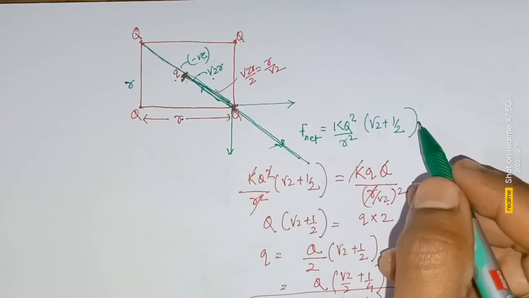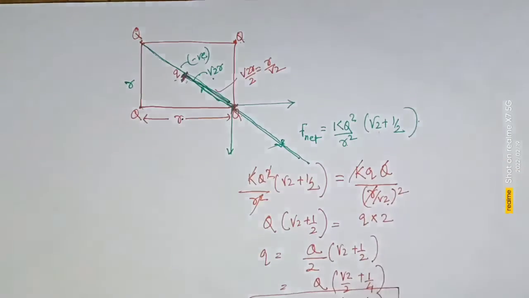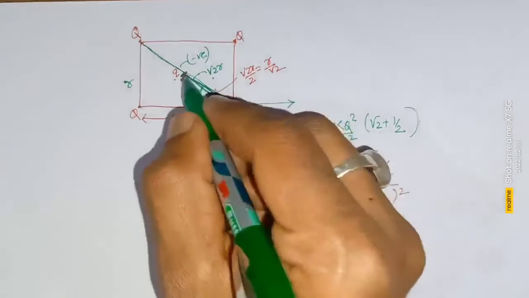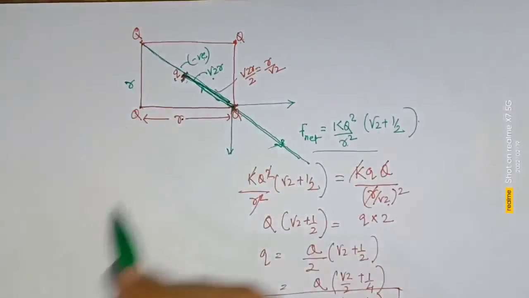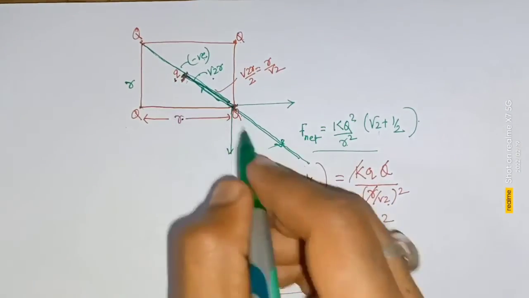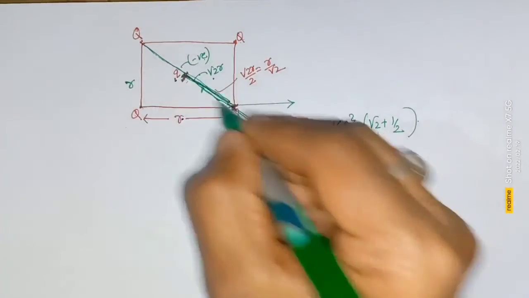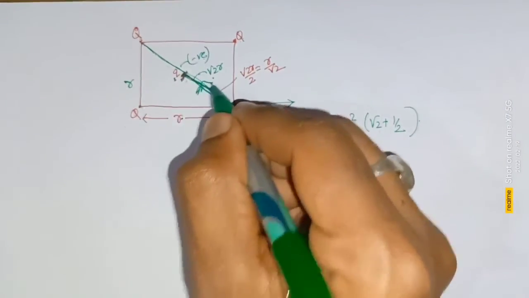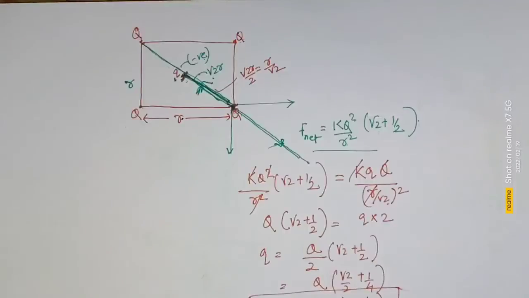If you go to the previous videos, you can easily observe these things. And this force must be balanced by the force due to this charge. And I already said what kind of nature this charge must have. Negative, because this force is like this. If it is negative, it will pull like this. So the net force on this charge must be 0.